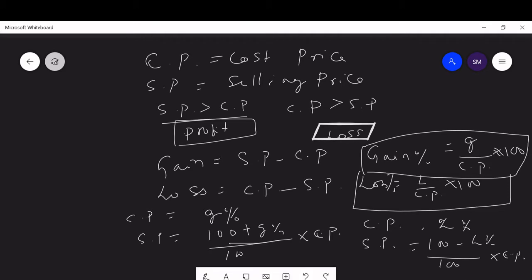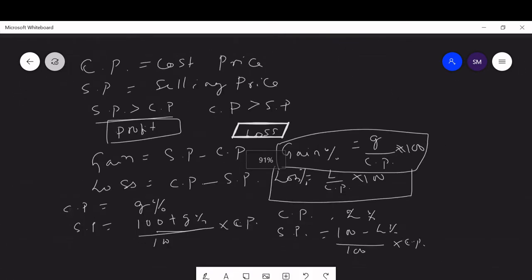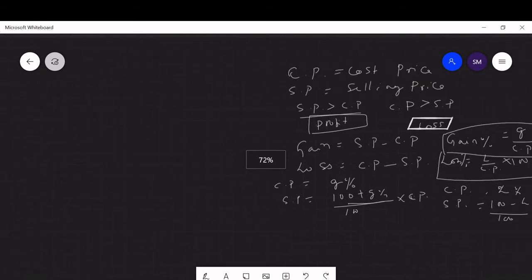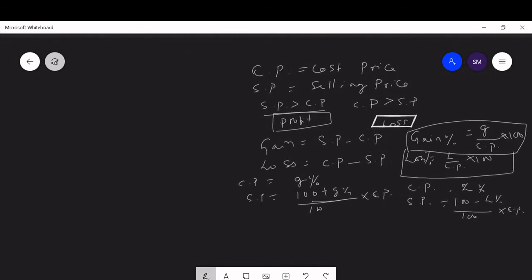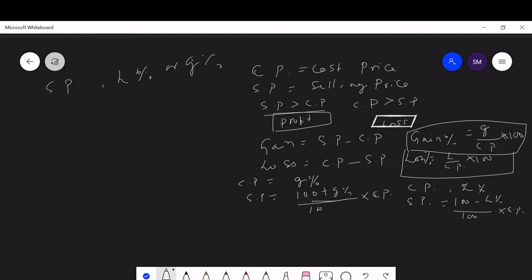Let us discuss, when you know the selling price and the loss percent or gain percent, then by using the formula we can find out the cost price. Cost price is equal to 100 upon (100 plus gain percentage) into SP.